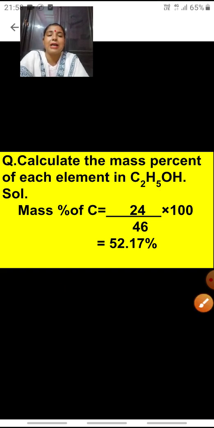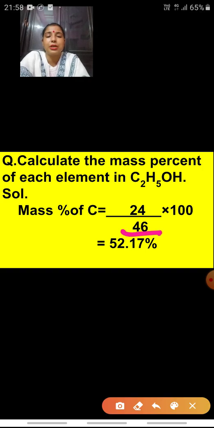So the molar mass for the compound comes out to be 46.